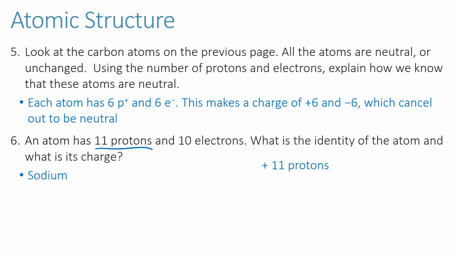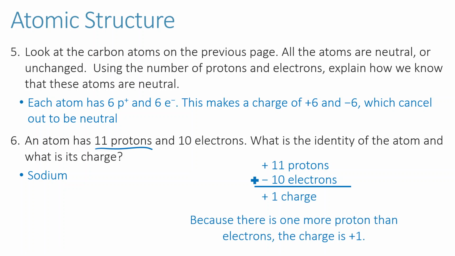Well, we have 11 protons, so think of that as plus 11. And then we have 10 electrons, so think of that as minus 10. When I put those together, because I have one more proton than electron, I'm going to end up with a plus 1 charge.